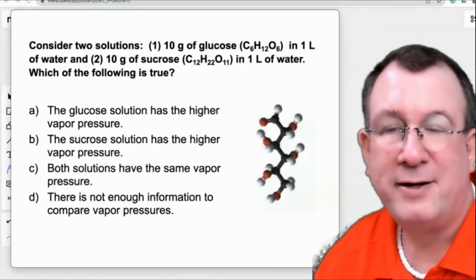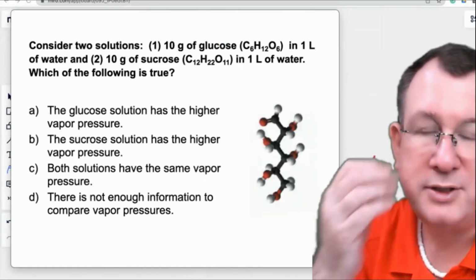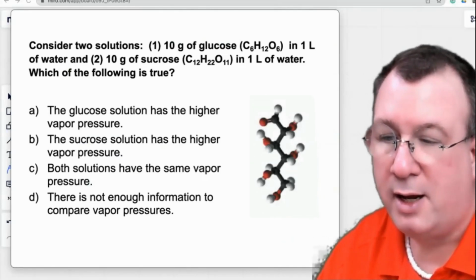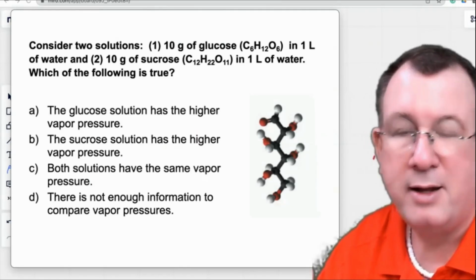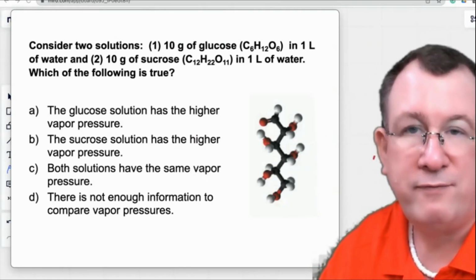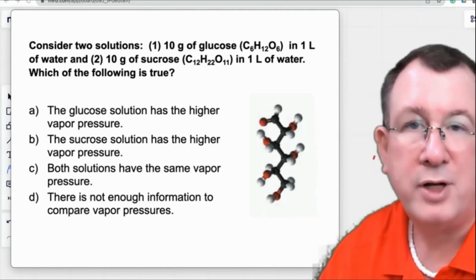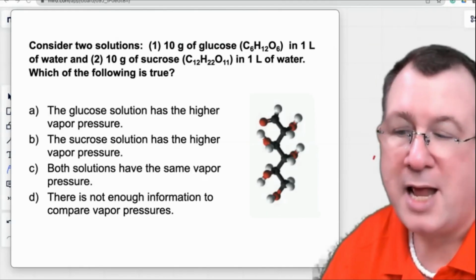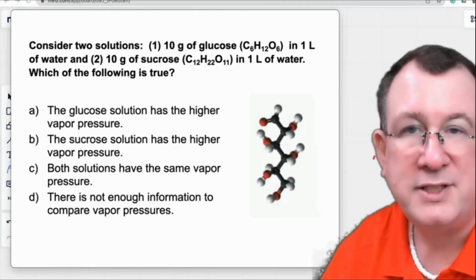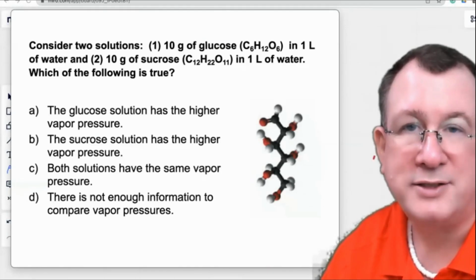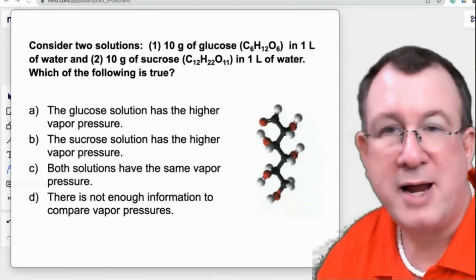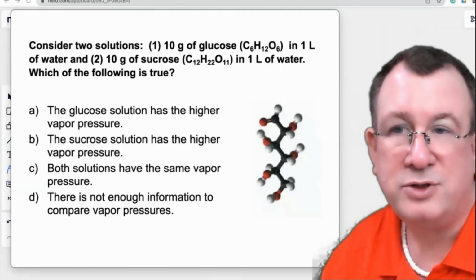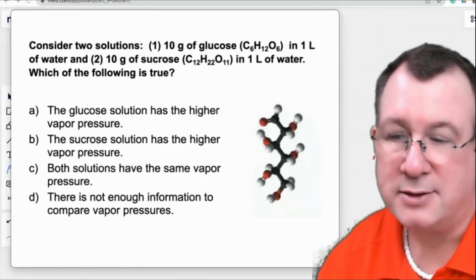If I have a solution and I throw 10 grams of glucose or 10 grams of sucrose in it, if the freezing point depression, boiling point elevation, in the case of vapor pressure, it reduces the vapor pressure, if in each of these cases it depends only on the particles and not the substance, if I throw 10 grams of glucose or 10 grams of sucrose into the solution, should it give me the same result?